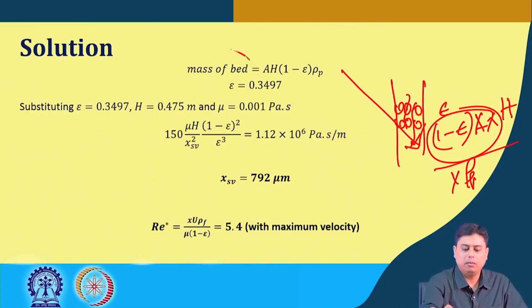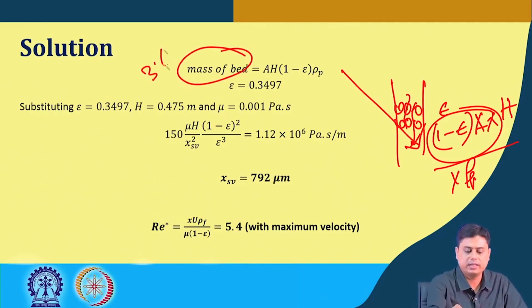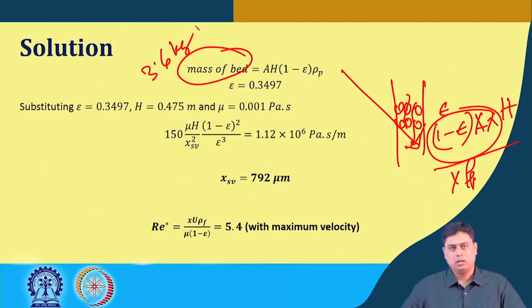By equating that, the mass of the bed is known. Here it is 3.6 kg, and all these values are given in the problem statement. So, it results in epsilon as 0.3497.